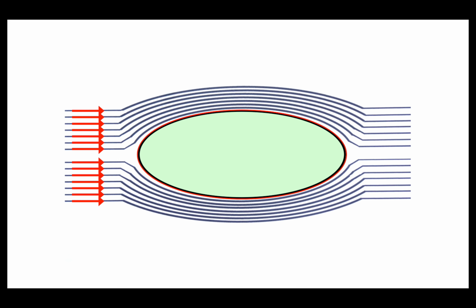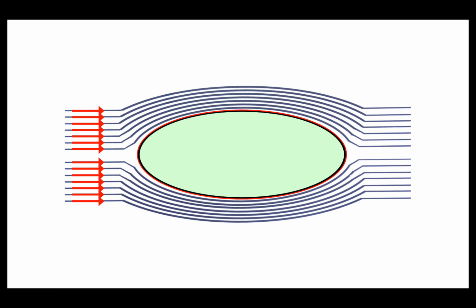So let's build this up with a whole bunch of layers of air and see how they compare in terms of the velocity of the fluid as it goes past the spoke. The streamlined flow that we see of layers of air passing around the object is often referred to as laminar flow. The stationary boundary layer is sometimes referred to as the viscous layer. Just to simplify this, we're going to ignore the one extremely thin and slow-moving layer of air that happens to be adjacent to the stationary boundary layer.